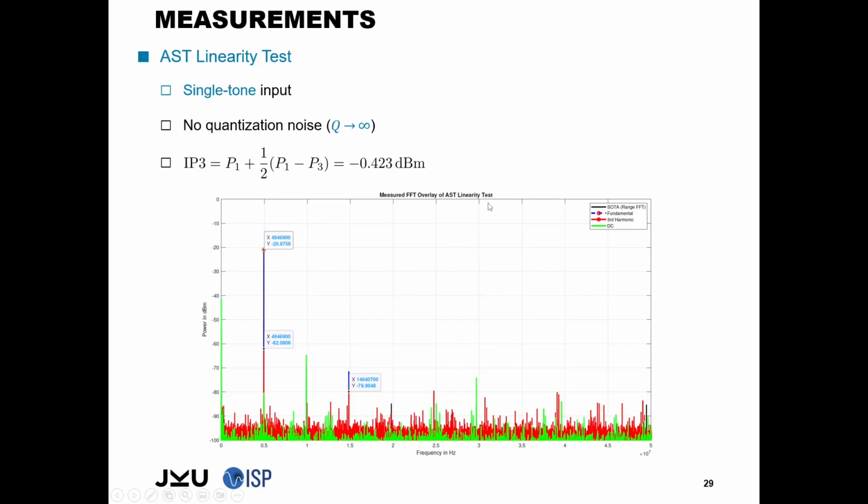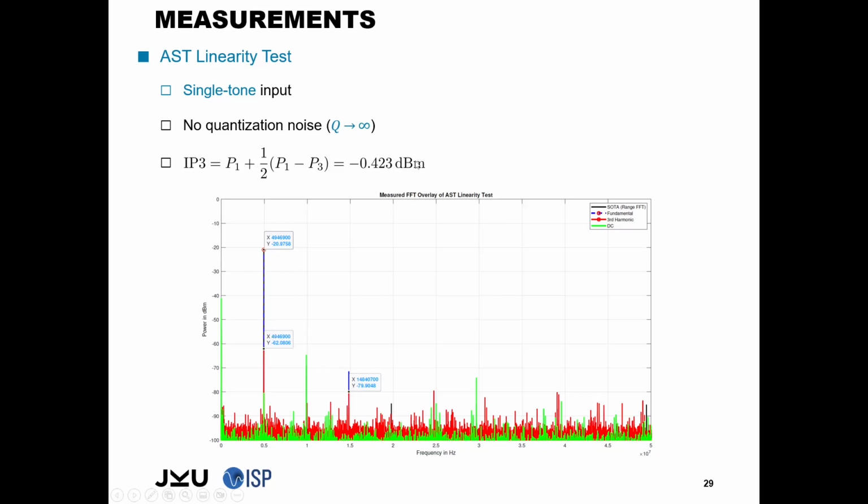We also tested the AST linearity test with a single tone input. However, the single tone input is very susceptible to voltage controlled attenuator deviation. And as you can see, with no quantization noise, we have a too high IM3 product because the fundamental power is leaking into the IM3 product because it's on the same frequency level.